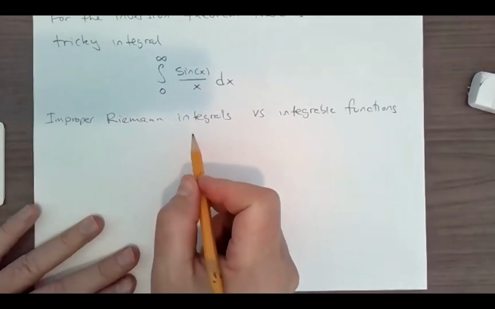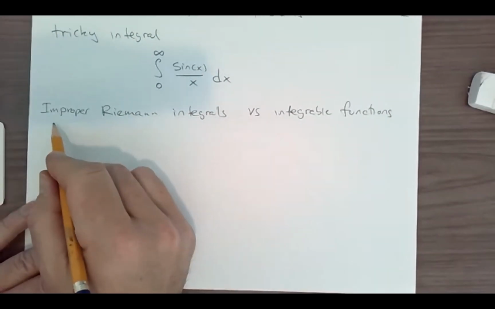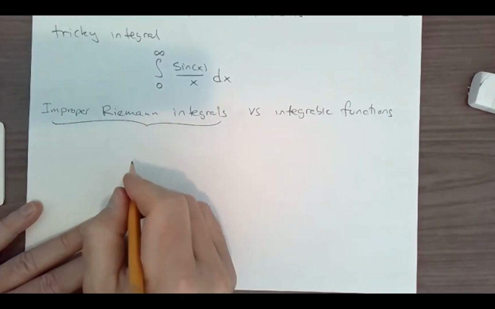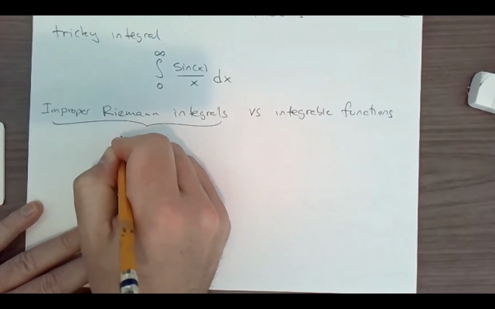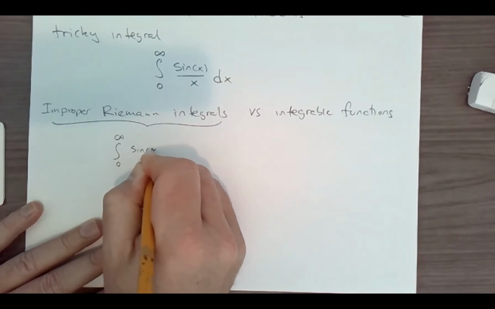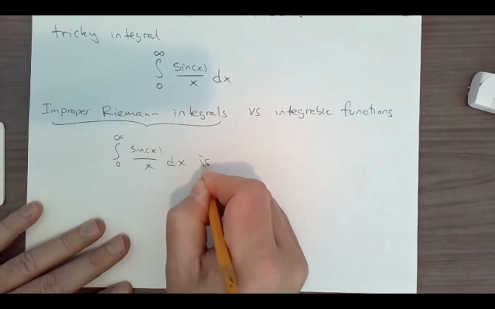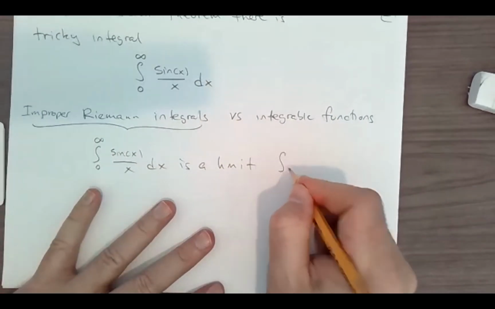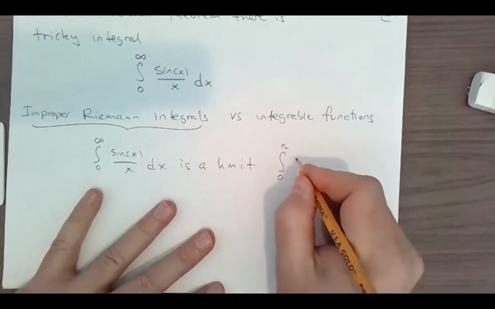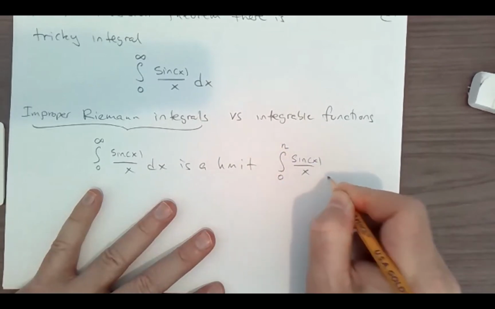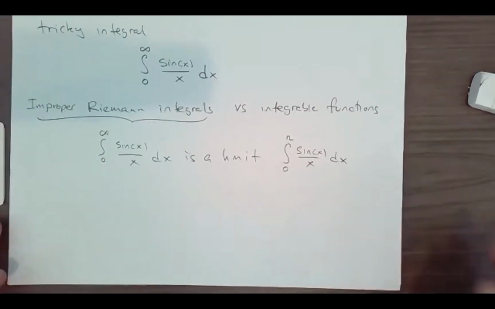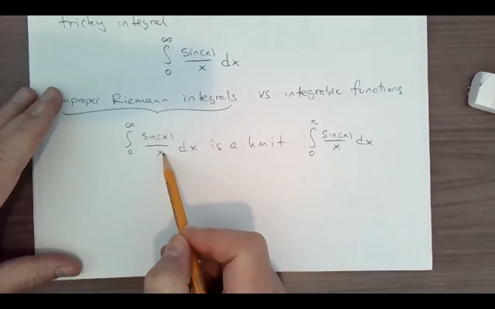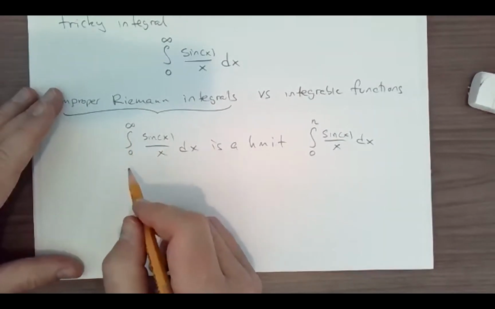So let's start with the improper Riemann integral. Here what you would have is this integral, which is a limit of integrals of this form. Here we should just make a note. There are two possibilities for bad behavior, right? It's going to be around 0 and around infinity.